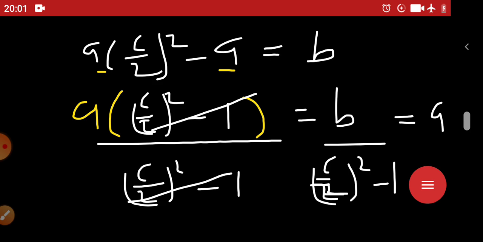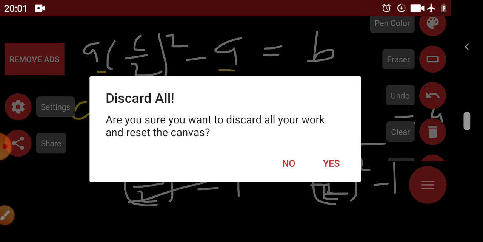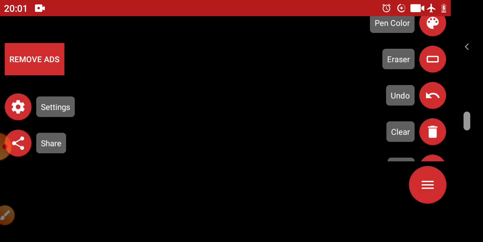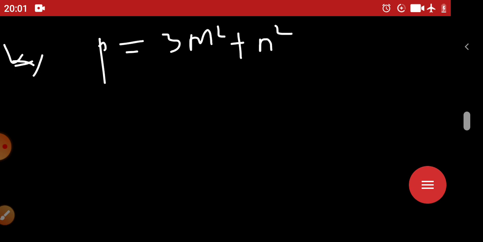So now let's go to b. In b we need to make m the subject of the formula. We have p is equal to (3m squared plus n squared) over m squared.